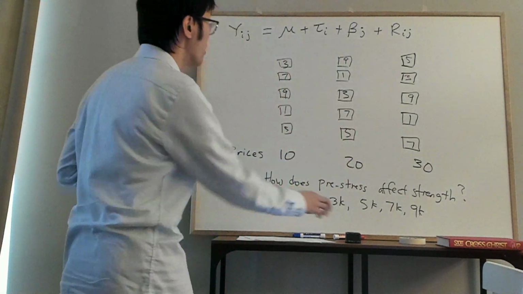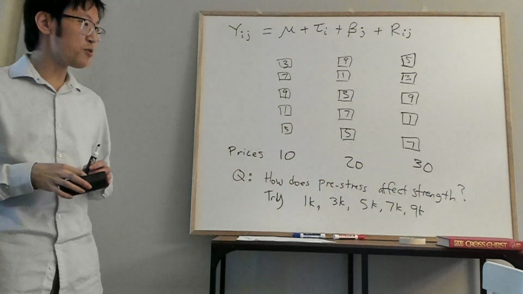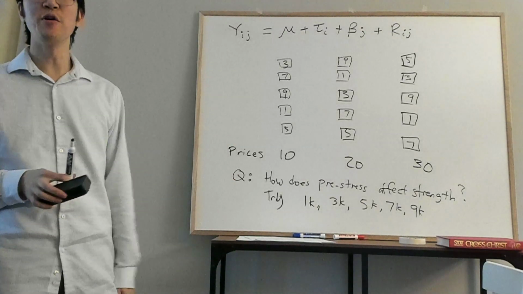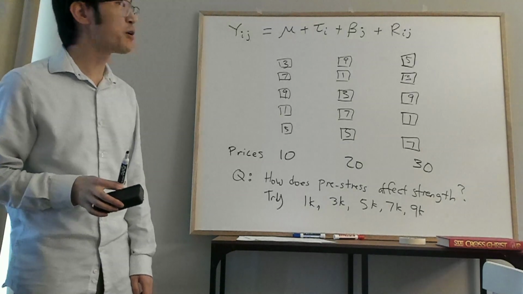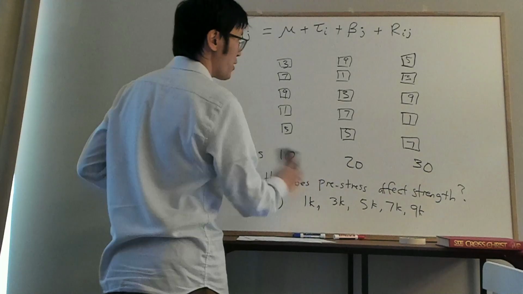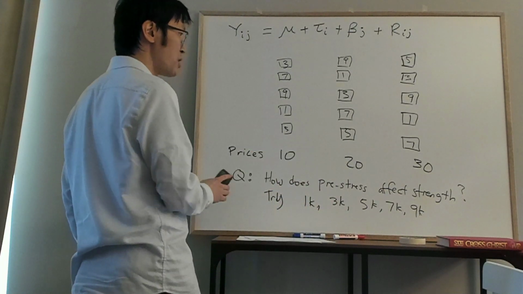Okay, so I wanted to give you this example to set up this context. Now I'm going to start running through the math so that we can understand how to work with this model. With this example done, let me get rid of that, and now let's talk about this in general, with T treatments and B blocks.